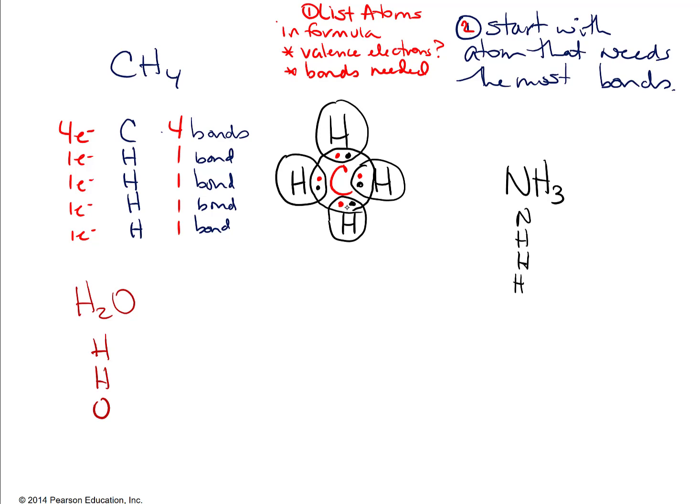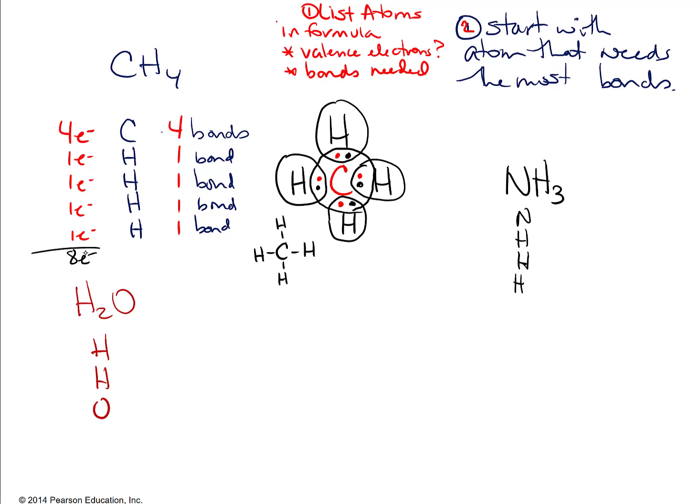You may see this drawn with the dashes. Carbon in the middle, dash up, down, left, and right, 1 hydrogen on each one. You've used all 8 of your electrons, and all of them have a full valence shell.